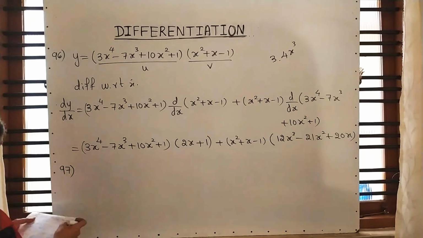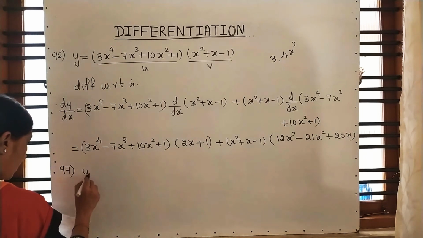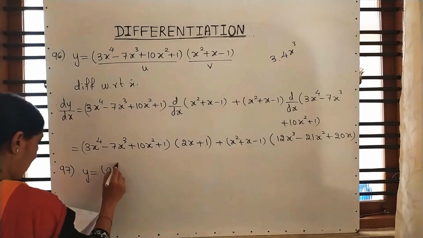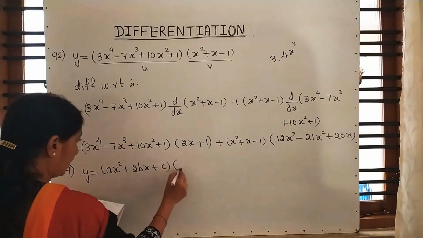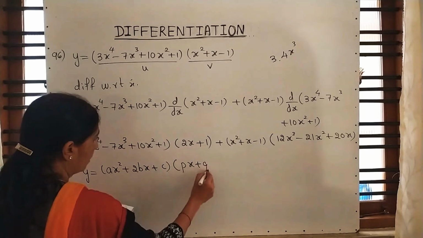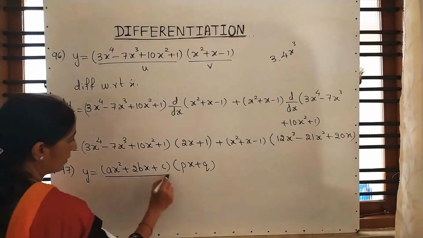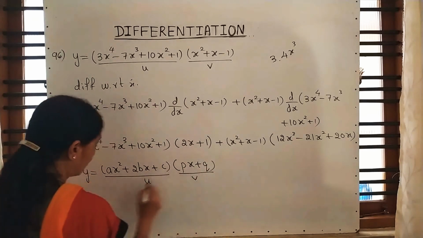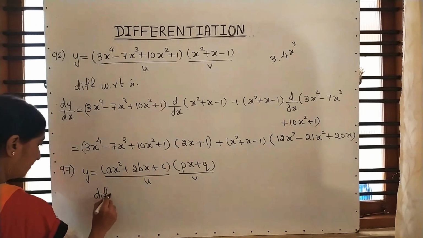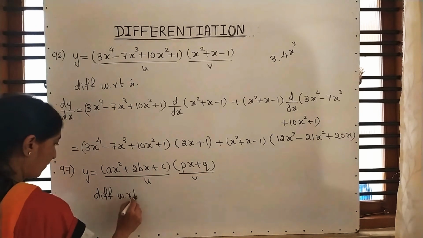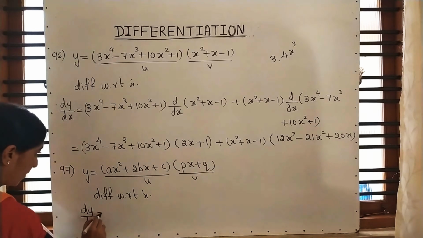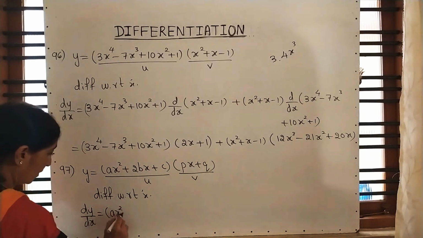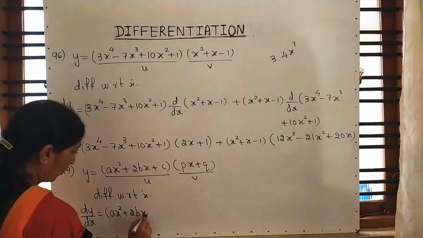Next, question number 97. y is equal to ax square plus 2bx plus c, into px plus q. So again this is u and this is v. Differentiating with respect to x, dy upon dx is equal to, first apply u into v, the product rule here.